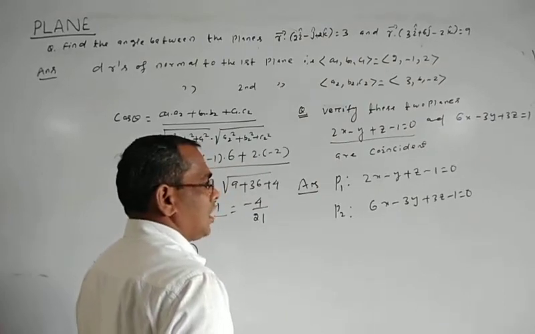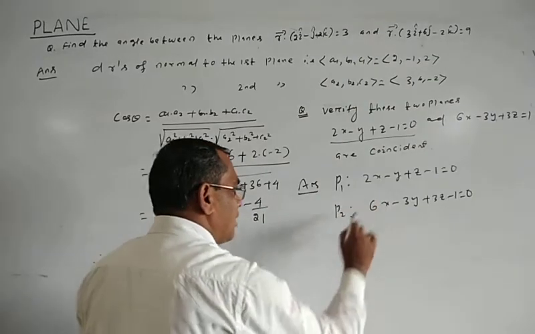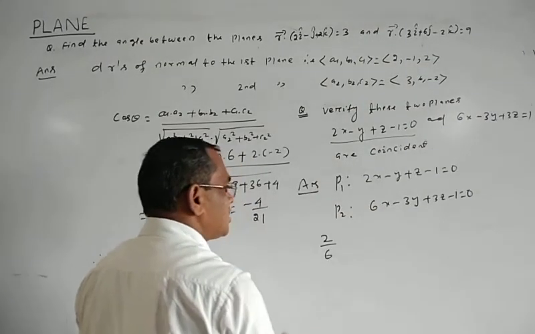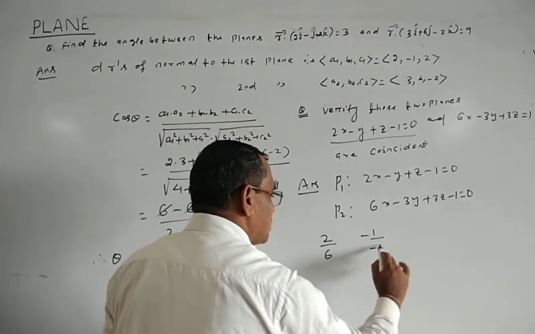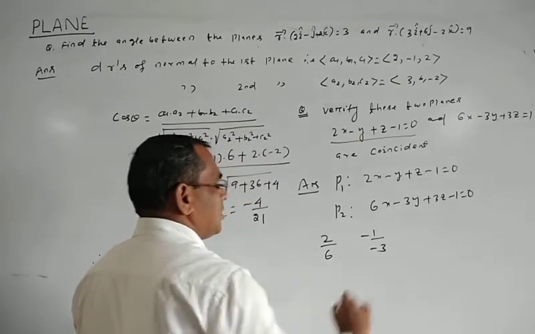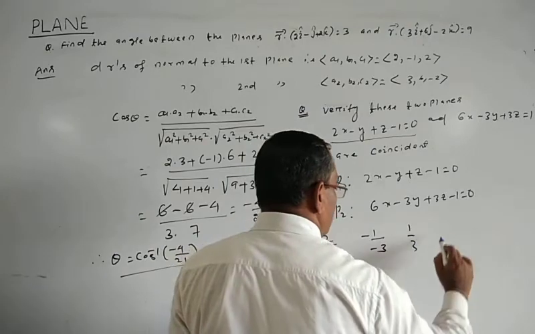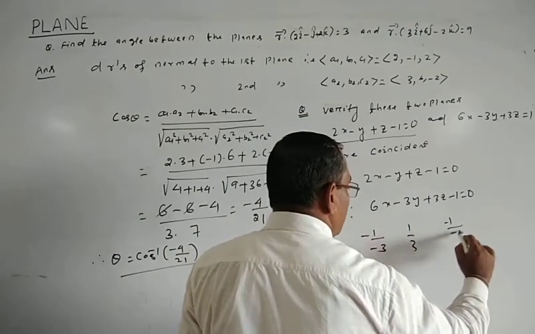Okay. Now apply the condition: a1 by a2 is 2 by 6, b1 by b2 is minus 1 by minus 3, c1 by c2 is 1 by 3, and d1 by d2 is minus 1 by minus 1.